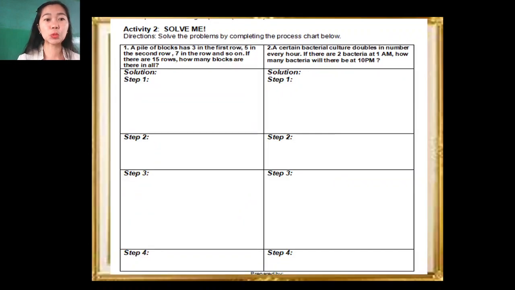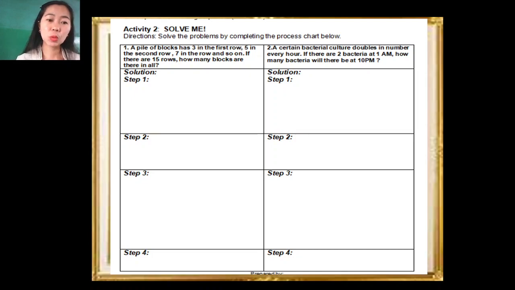In activity 2, so solve me. Directions: solve the problems by completing the process chart below. So yung ganun-ganon din sa ginawa kanina, dun sa mga present ko sa inyong examples ng problem. So basahin yung problem ng mabuti, i-analyze kung anong uri ng problem, para ma-identify natin ang mga given terms dun sa step 1, yung what is asked at kung ano ang dapat i-solve.